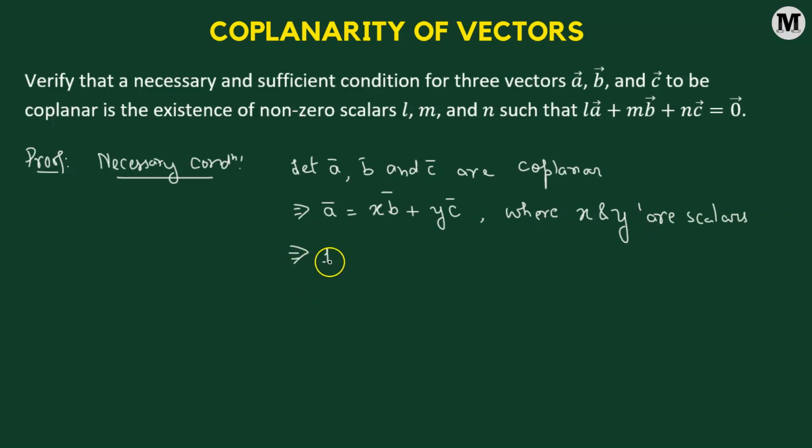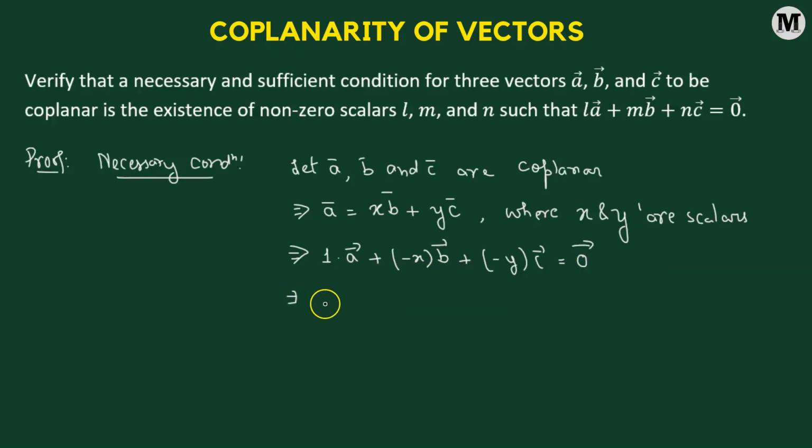Here we have 1 multiplied to a vector plus negative x times b vector plus negative y times c vector equals 0 vector. Now it has to be a 0 vector because on the left hand side we are operating with vectors, so on the right hand side we must get a vector as well.